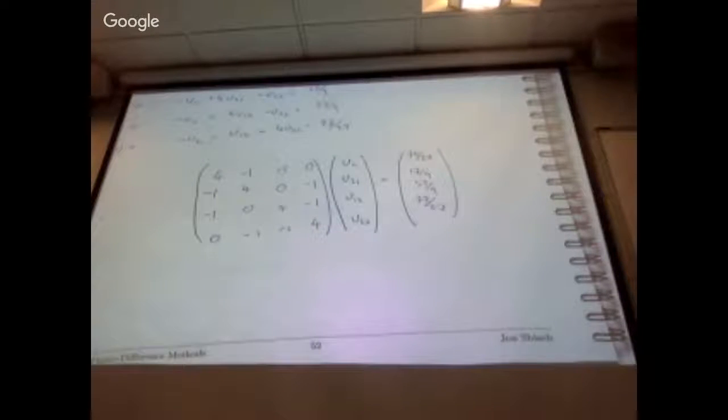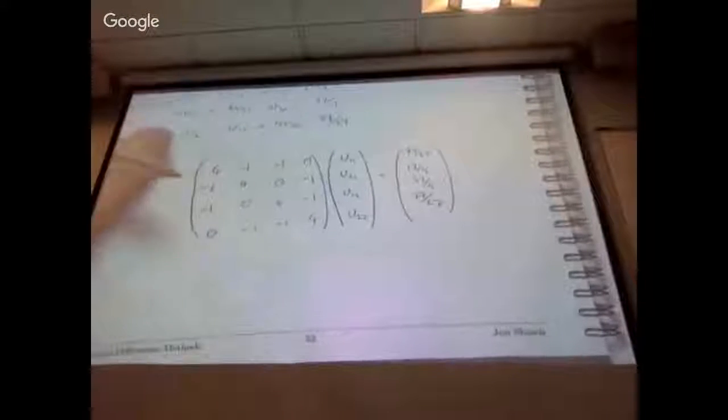Okay, this last step is that it can be solved, but we're not going to do it in the traditional sense. We're going to be doing it with the Jacobi method.